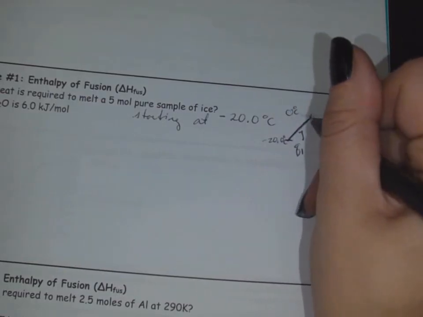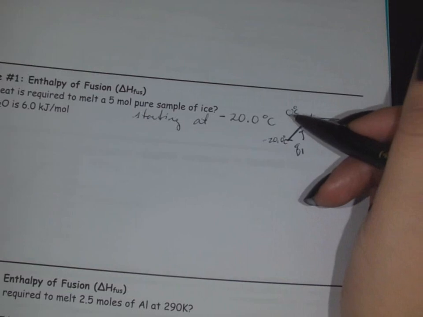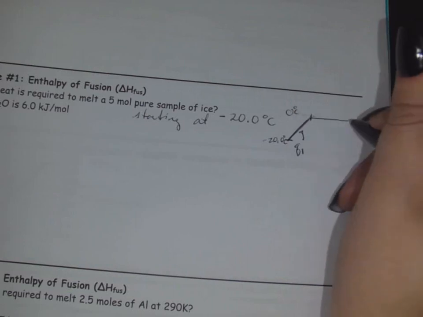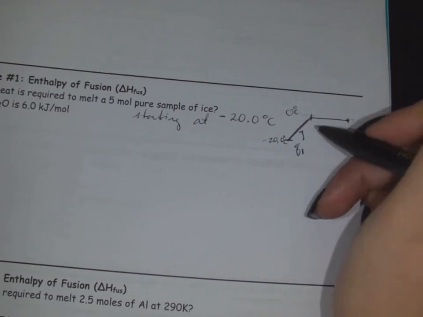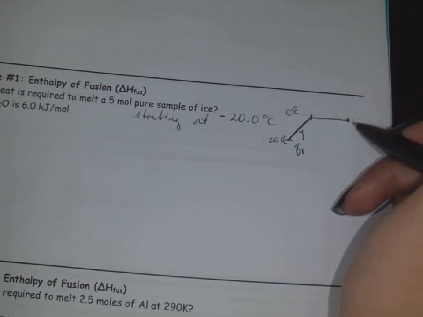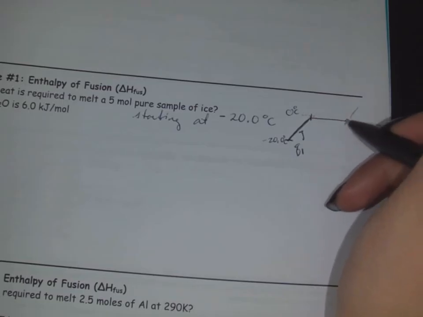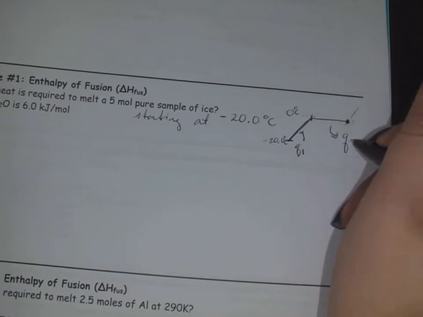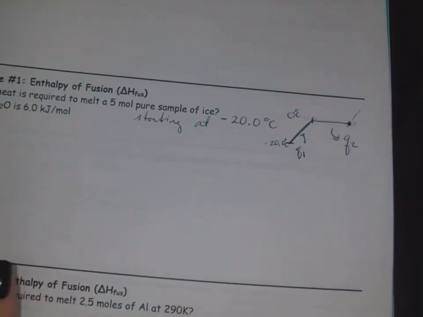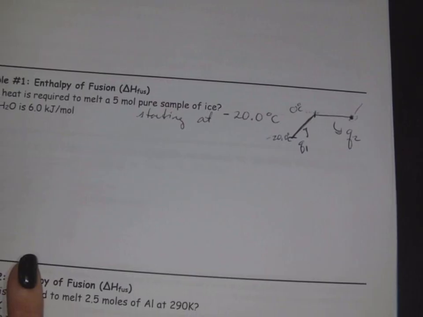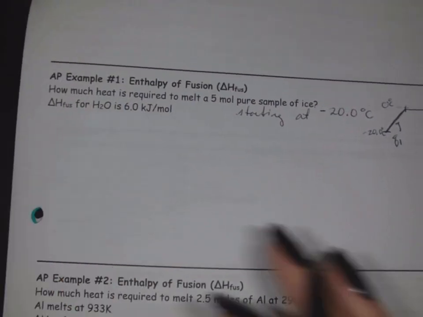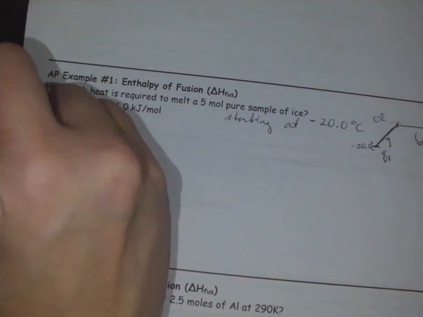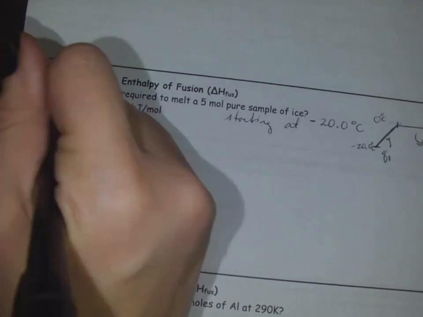And then, even though the temperature is not going to change, I need to get from 0 degrees Celsius to completely melted. This is where it just barely starts melting. This is where we stop melting. So this is my ending point right there, and I'm going to call that Q2. So for Q1, I'm going to use MCAT.